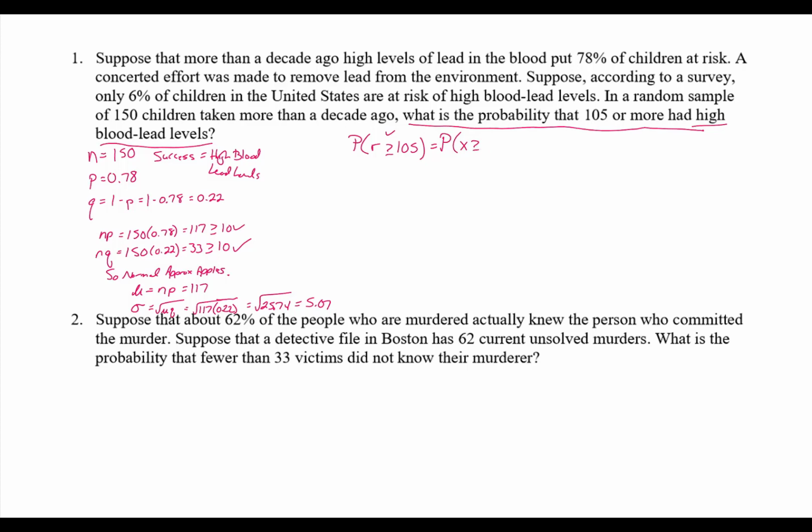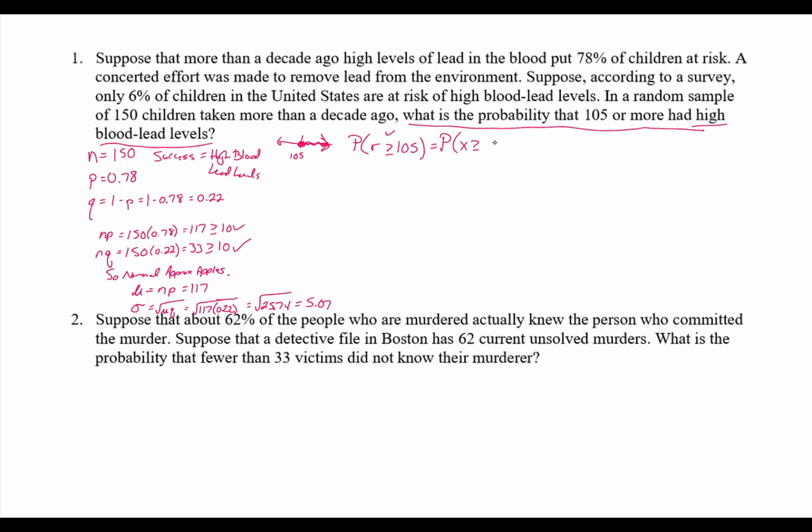We want to ask ourselves, is 105 a left-hand or a right-hand endpoint of the interval? You can always draw it out on a number line if you're struggling with that. We want it to be greater than or equal to 105, so that's everything above it, which means 105 is on the left.